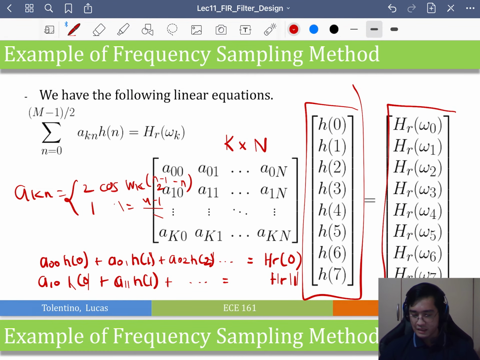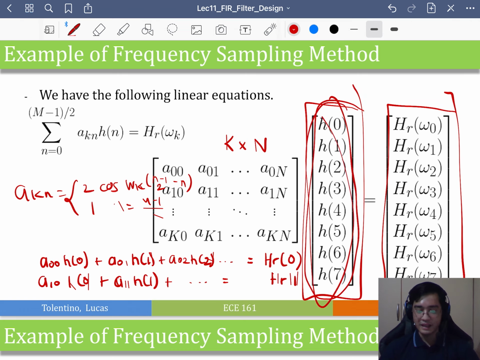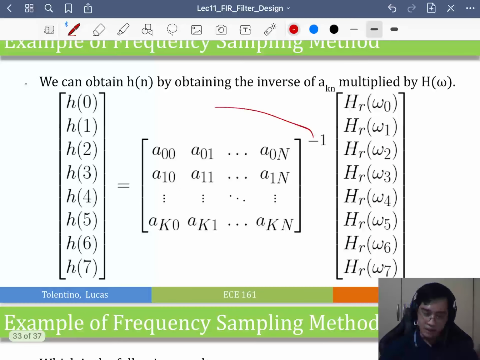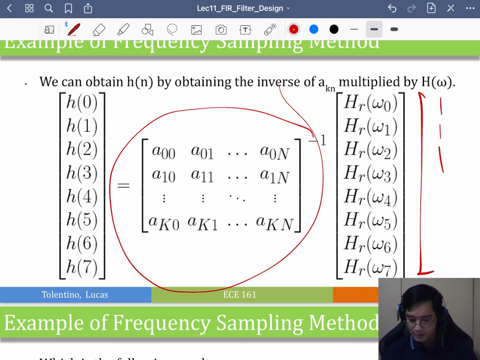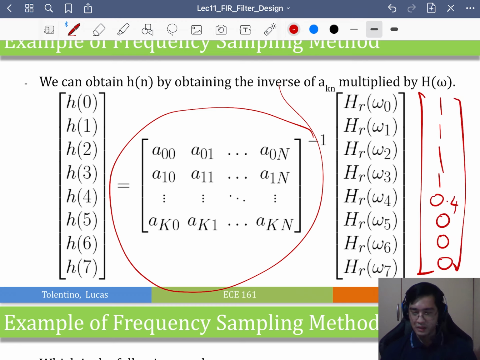We know this. This is what we're trying to get. Through linear algebra, we can solve this by getting the inverse of this matrix and multiplying it by these values: 1, 1, 1, 1, 0, 0.4, 0, 0, 0. You multiply this vector by the set of values that you've computed.